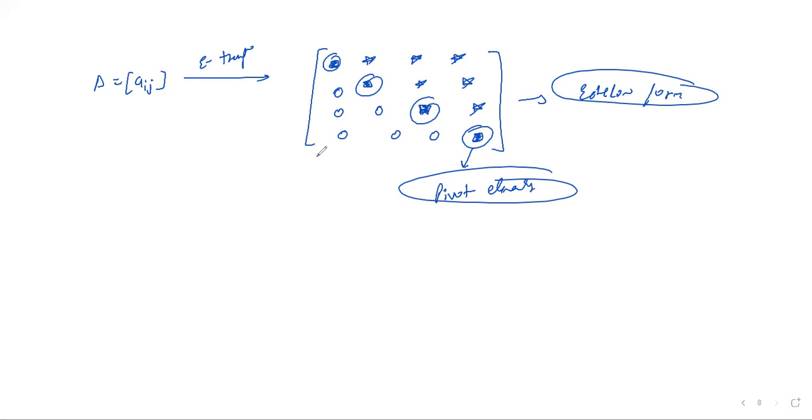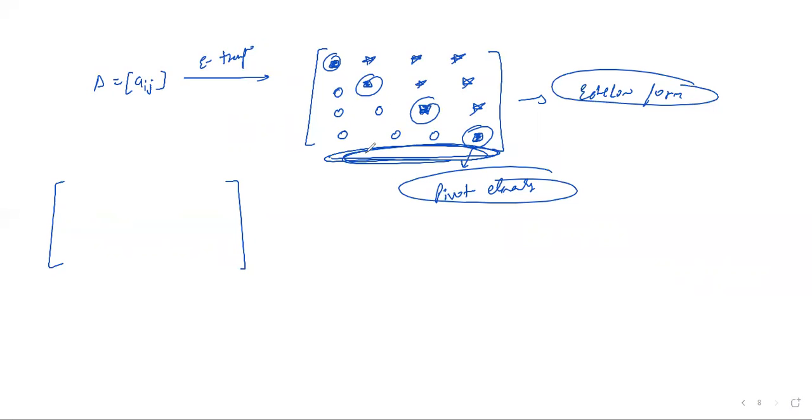All zero rows, if there exists any zero row, should be at the bottom of the matrix. The second condition is that each first non-zero element in a row is on the right hand side of the first non-zero element in the preceding row.